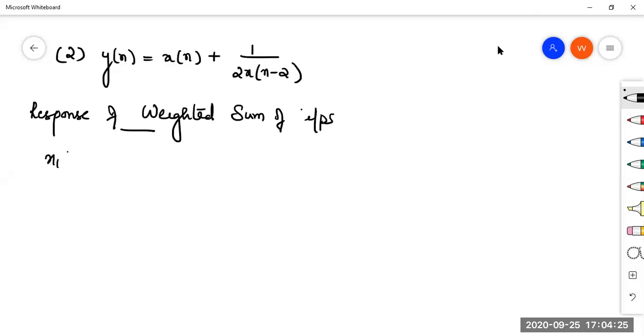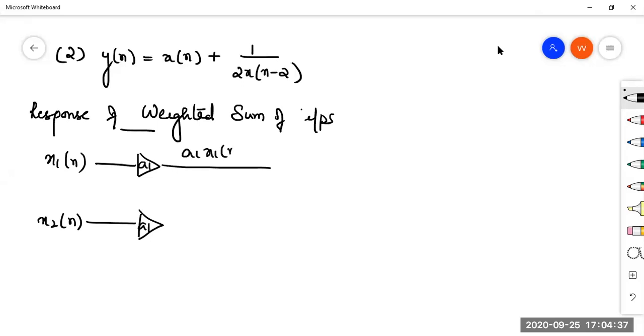You take inputs x1 of n, x2 of n, multiply this with constant a1, this with the constant a2. Then the input will be a1 x1 of n plus a2 x2 of n. You add it together and then you pass it through the system.